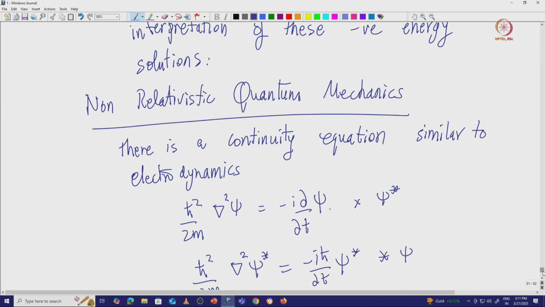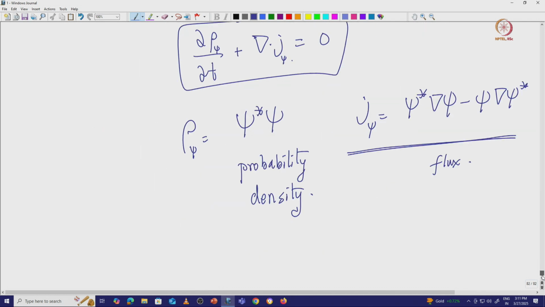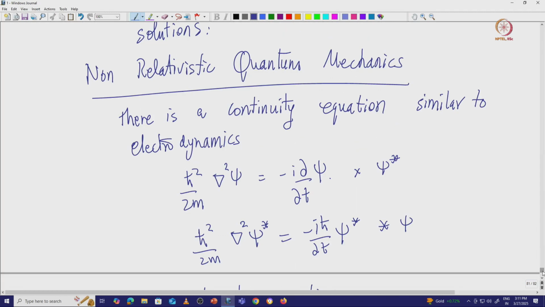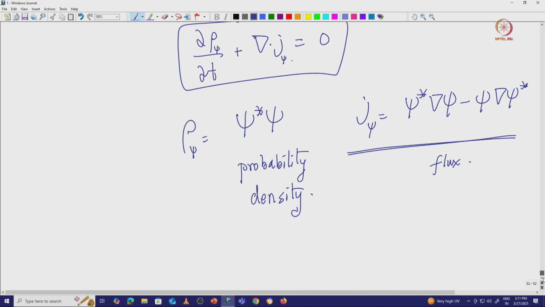I take the Klein-Gordon equation instead of the Schrodinger equation, and take the complex conjugate of it. Multiply the original equation with phi star, and the conjugate equation with phi, and take the difference between these two. You can re-express the continuity equation in the relativistic formulation as follows.